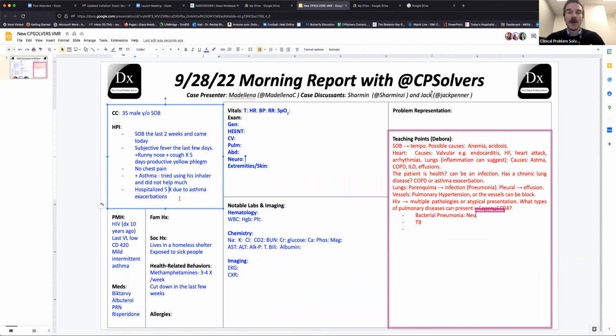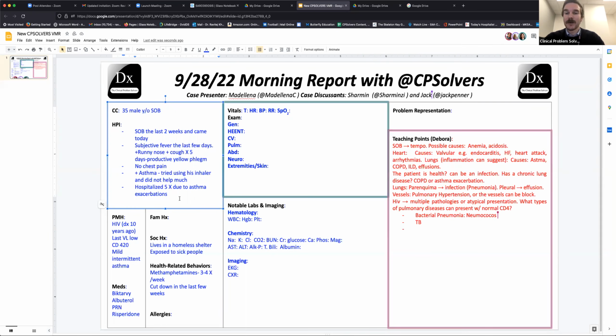Now, you might say to me, well, Jack, that's all good and well, but it seems like this individual just has the symptoms that would be the most compatible with an underlying respiratory viral infection. This doesn't really seem like TB. And that would be a very astute point to make, but we also have to temper that against the reality that individuals who have HIV are more likely to present atypically when they have pulmonary tuberculosis.